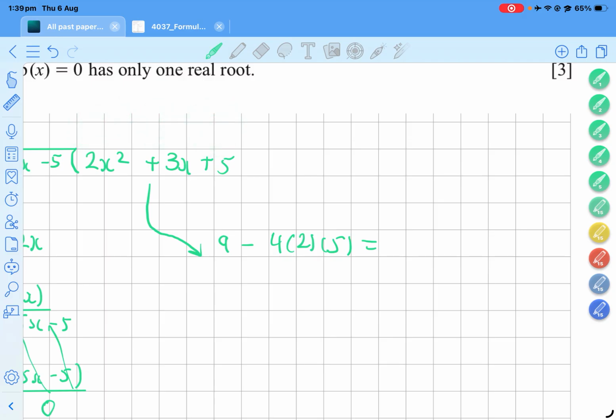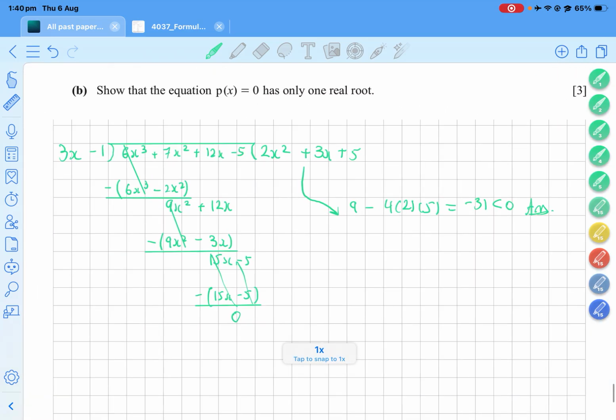This is how it works. And 3 squared is 9, which is minus 31, and since it's less than 0, that will be the answer.